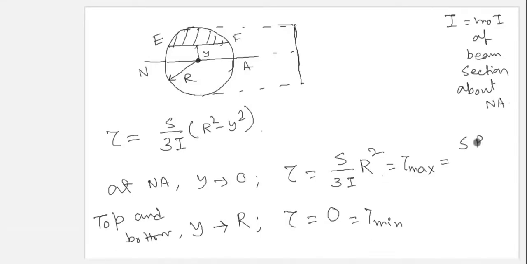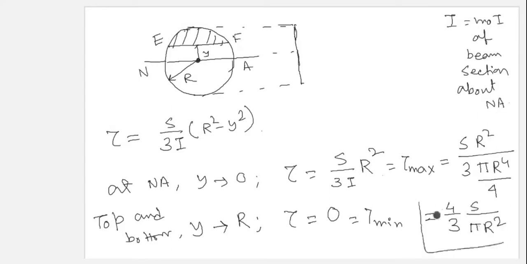So S R² by 3 into pi r to the power 4 by 4. So that means it equals 4/3 S by pi r².